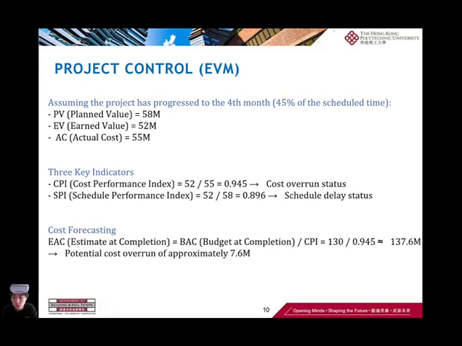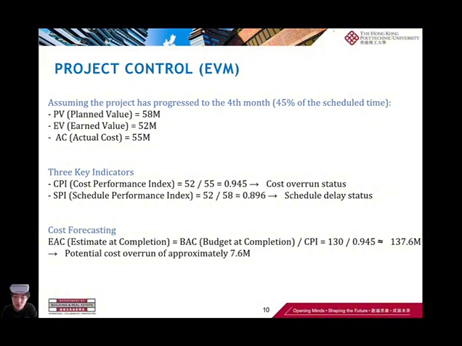Now, I will briefly present the project control analysis using earned value management. After 4 months of construction, representing 45% of our planned schedule, the project shows noticeable deviations. Our planned value is 58 million, while the earned value is only 52 million.